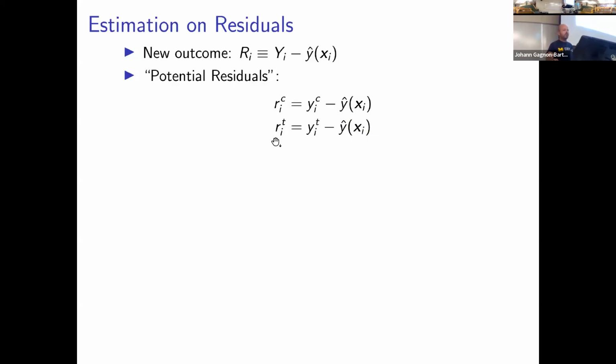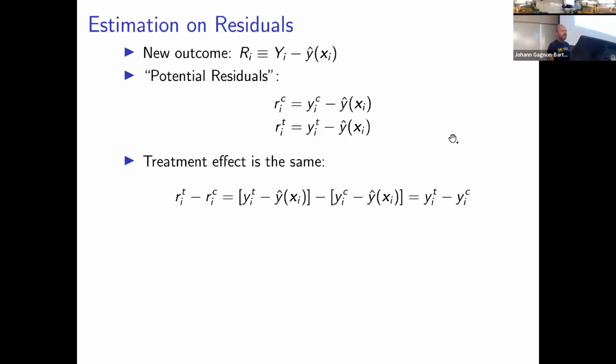And if they ended up in treatment, you'd see this treatment potential residual, which is the treatment potential outcome minus the predicted outcome. And the key thing here is that the treatment effect on the potential residuals is the same as the treatment effect on the original potential outcomes, just because the prediction does not itself depend on the treatment.